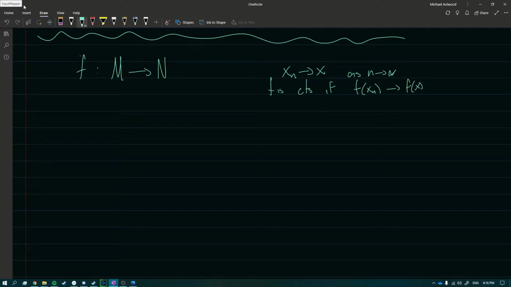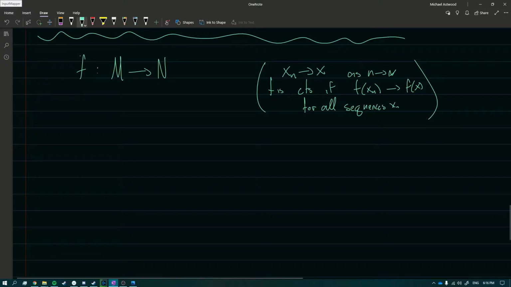And this should apply to any sequence. So F is continuous if for all convergent sequences xn, with limits, of course. So this is continuity on Rn.